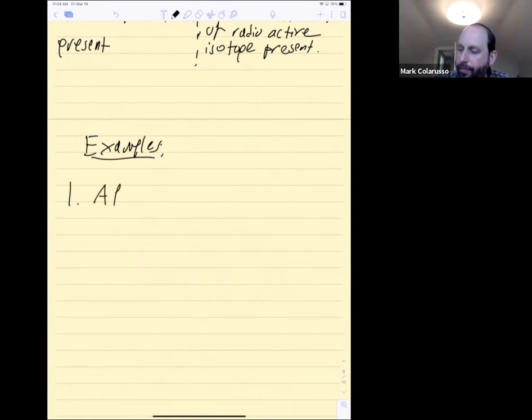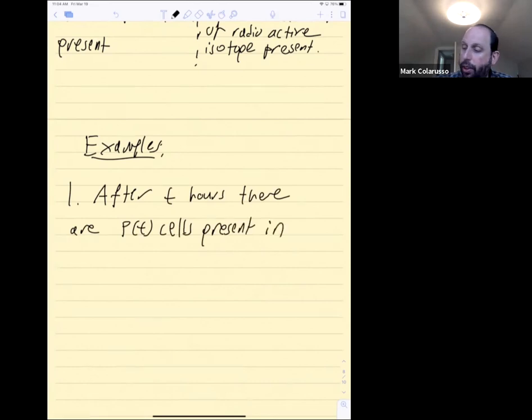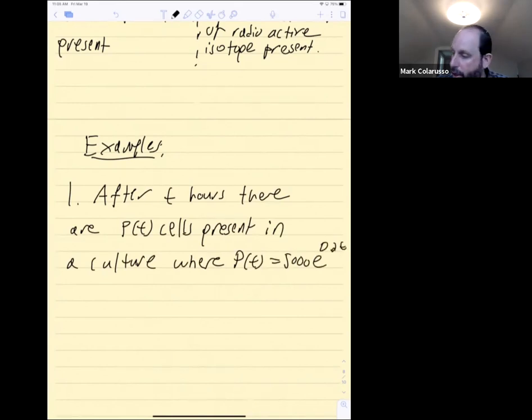Okay, so after t hours, there are p of t cells present in a culture, where p of t is equal to 5,000 e to the 0.2 t.